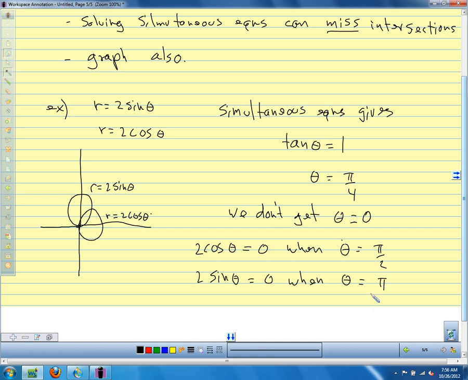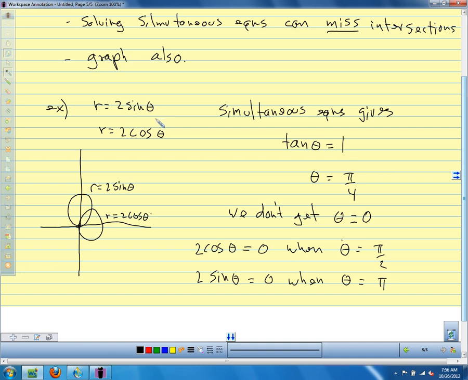But they're different thetas. So what's happening is the curves are going through the pole at different theta values. So these theta values are not simultaneous solutions to these equations.